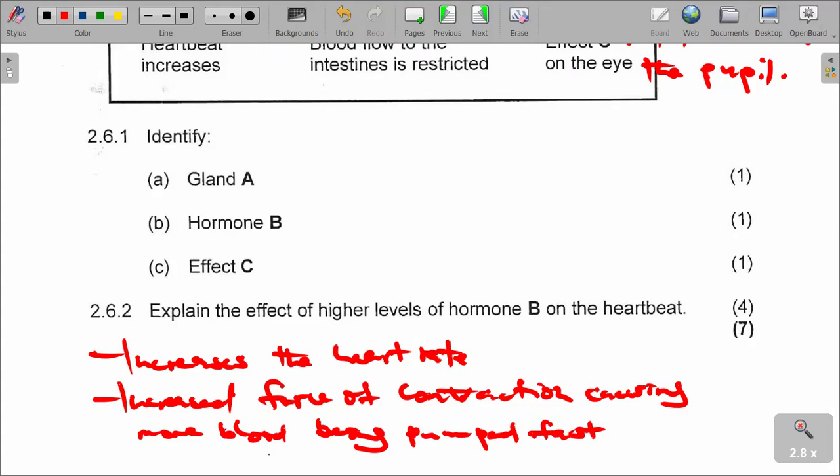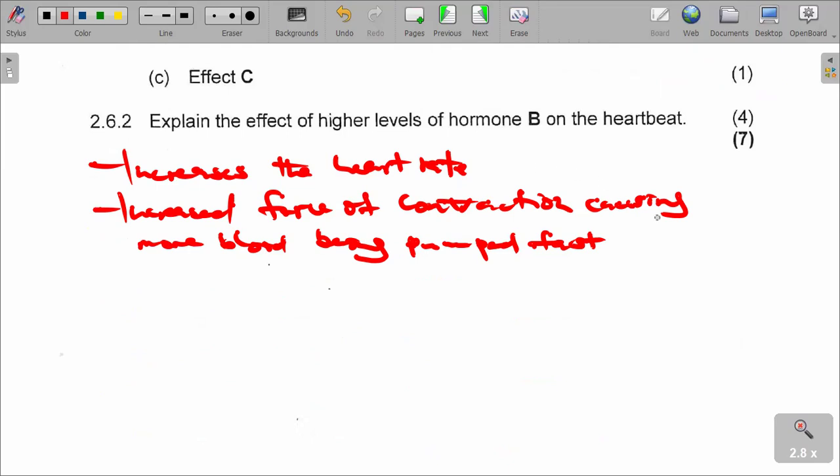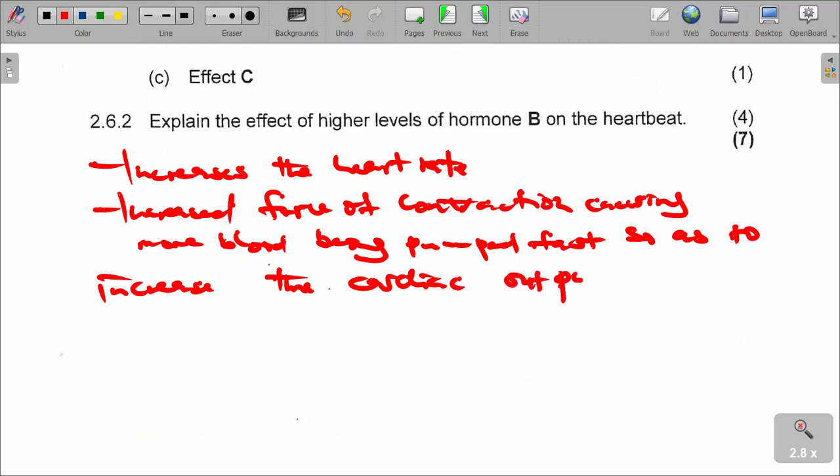Remember that we said there is increased heart rate, so therefore it causes more blood to be pumped out fast, so as to increase the cardiac output. You understand?